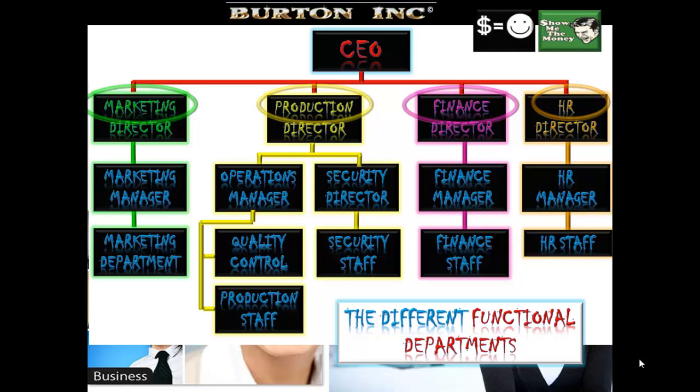There could be a research and development branch which is separate from production. Every organisation has the opportunity to structure their organisational charts differently. So functional departments, you can pick those out quite easily.